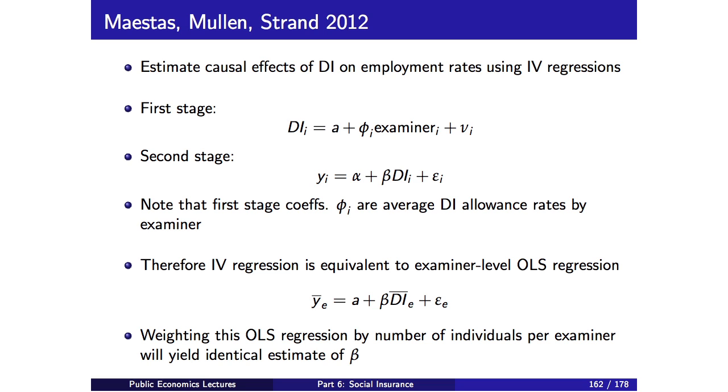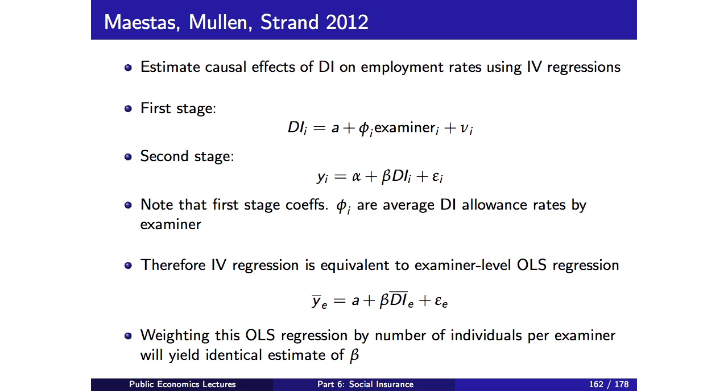Okay, so what are the first stage coefficients? The phi-i's are just average DI allowance rates by examiner, right? That's what you're going to get mechanically when you run this first stage regression, since that's the best fit. So the IV regression then is equivalent to the examiner level OLS regression that looks like this.